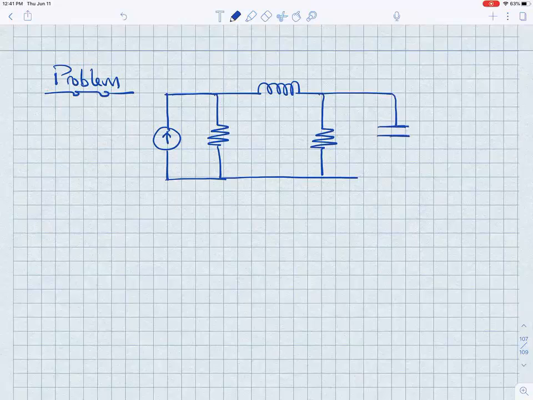Since we've done the capacitors, now I'm combining both capacitors and inductors in a circuit, because we know how to treat the capacitor in a circuit, if the source is DC.